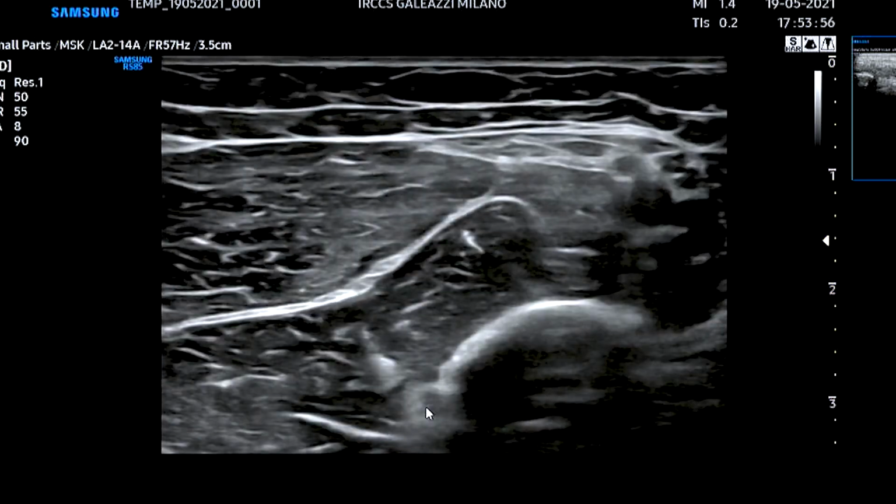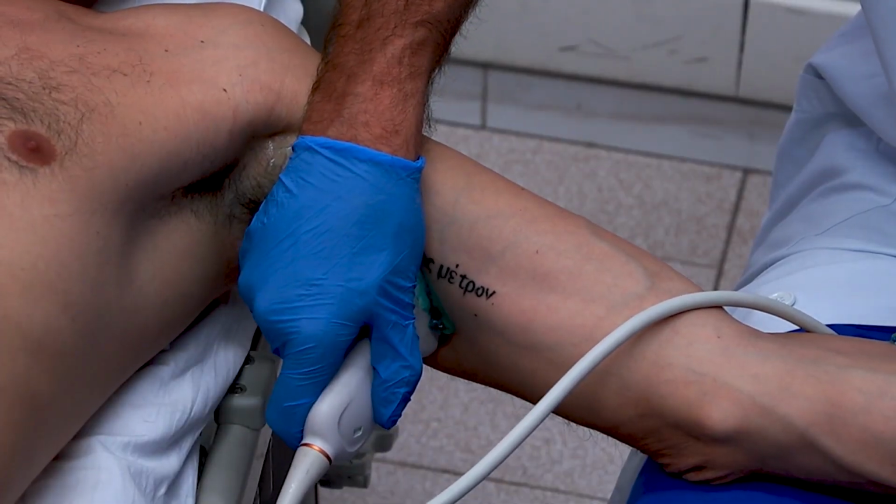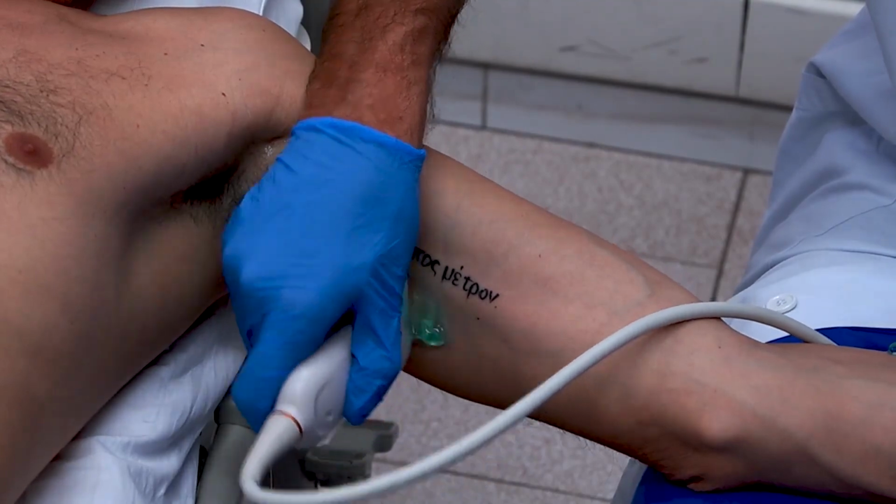Indeed, to evaluate this nerve, I suggest placing the probe directly on the posterior compartment of the upper arm.